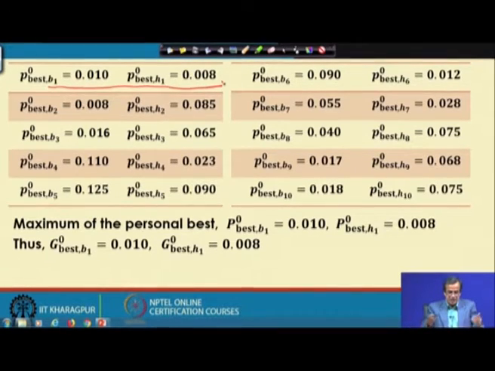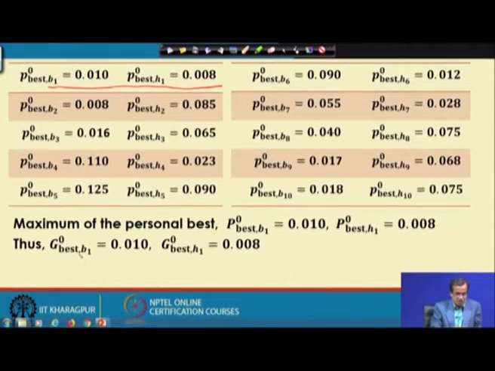Now, let me repeat whatever I told. Once I have generated the initial values for the design variables at iteration 1, we try to find out the value of the objective function for each of these 10 combinations of the input parameters. Now, I am comparing the values of the objective function, and corresponding to this combination of input parameters I am going to get the maximum value of the objective function.